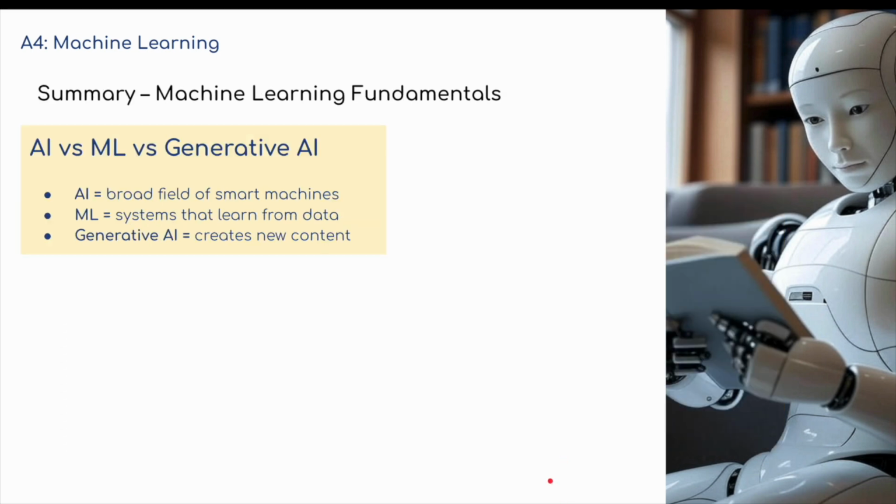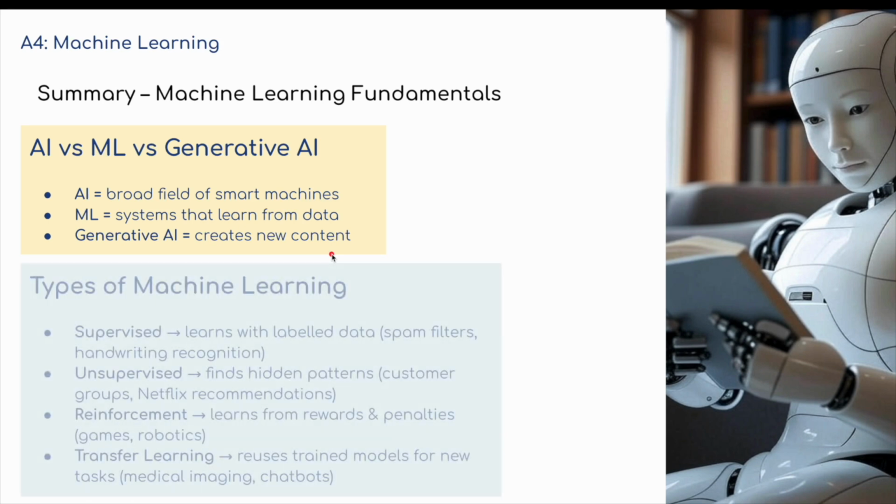Okay. So, to summarize everything really quickly, AI versus ML versus generative AI. AI is the broad field of smart machines. And machine learning is systems that learn from data, and generative AI creates new content.